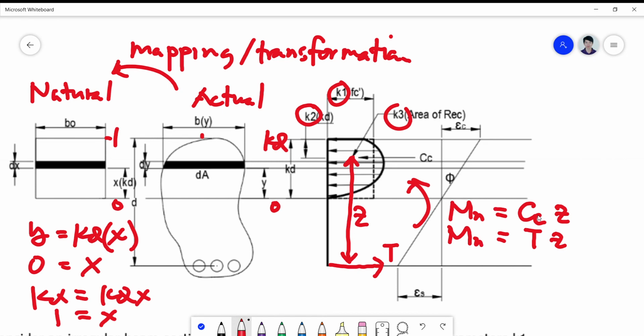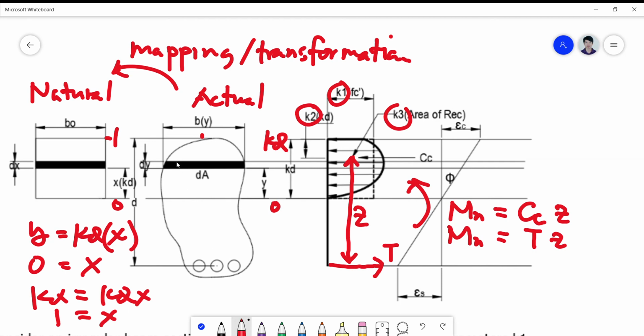But Cc is the actual representation of the curve, not specifically Whitney's representation. It can be a representation of another model, and the boundary of your section is no longer limited to only a rectangular section. Whether it's a curve, it's a T-beam, it's an L-beam, it's an I-beam, it's a circular beam, it's a parabolic beam.